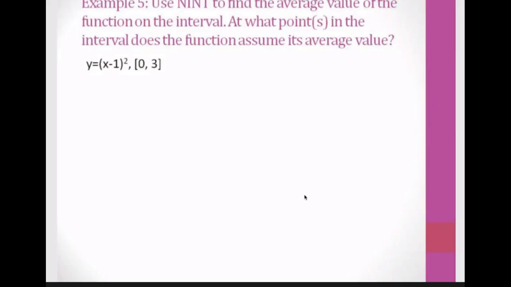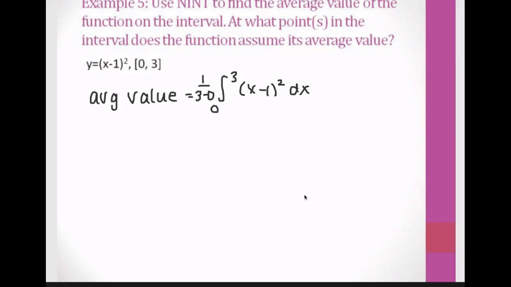So f of c, or the average value, is equal to the integral from a to b of my function divided by the upper minus the lower bounds to give me the average. So it's 1/3.